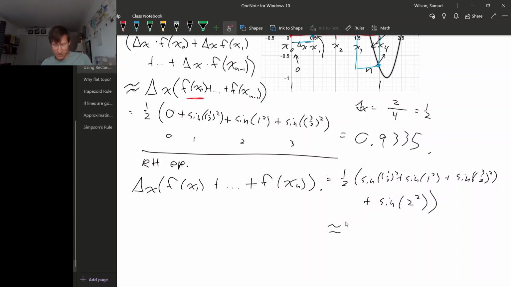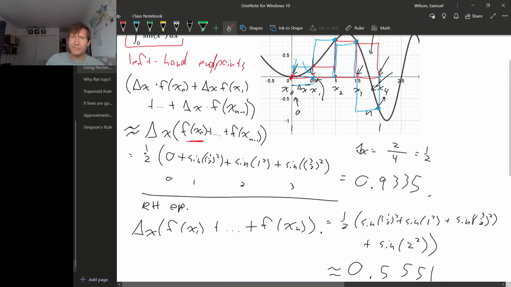Let's see, 1/2 squared is 1/4, sine of that, plus sine of 1, plus 1.5 squared, sine of that, plus sine of 4, all divided by 2. And for this, I get 0.5551, approximately.